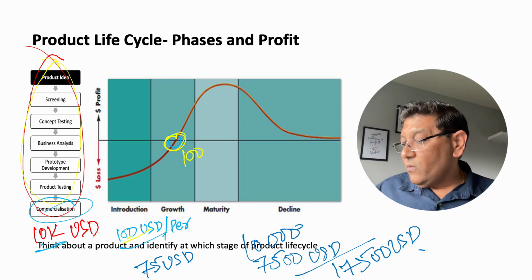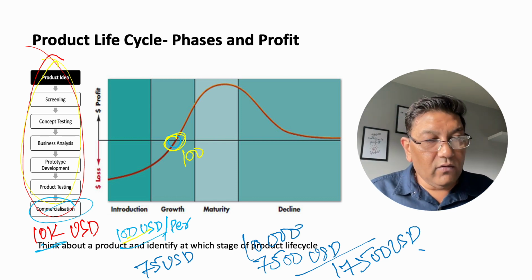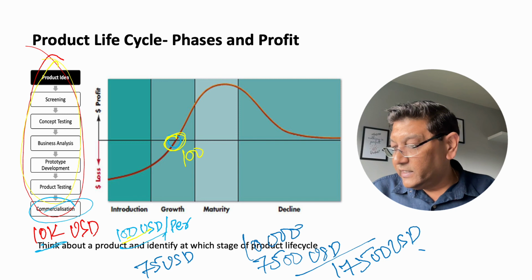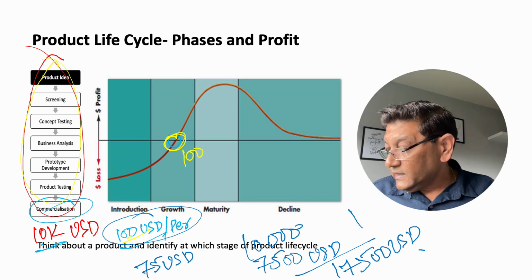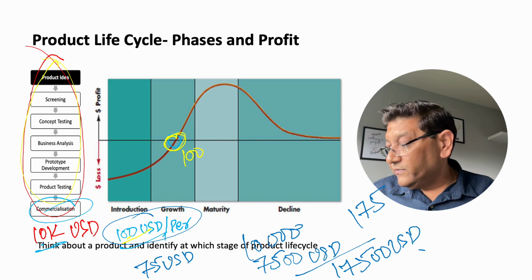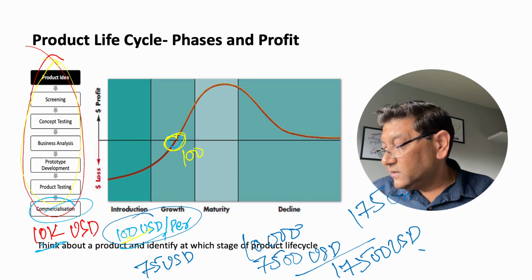So we need to make sales of 17,500 US dollars, which divided by 100 US dollars per sale price, is 175 units we need to sell.